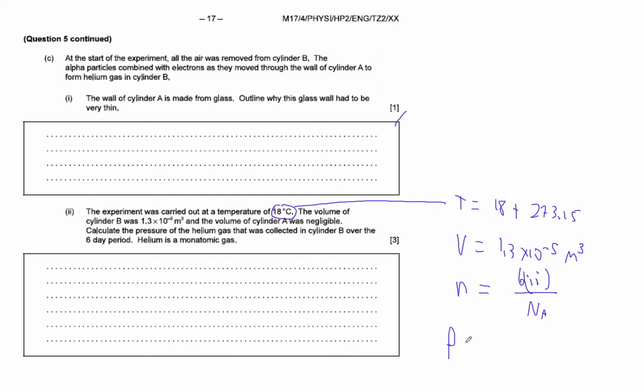And then just plug this into PV equals nRT, right? So we've got our temperature, got to turn it into kelvins, right? We've got our volume, we've got our number of moles, we've got R, so we can solve that. And I get less than 1 Pascal, which is really, really small. That's a very, very small pressure. All right. Less than 1 Pascal, but more than 0.5 Pascal, I'll tell you that much.